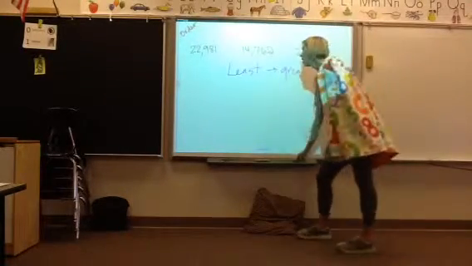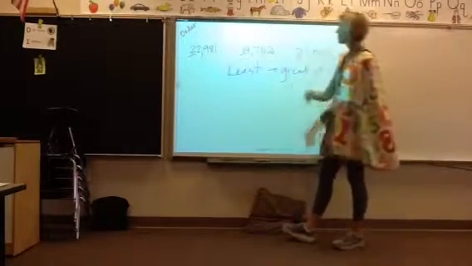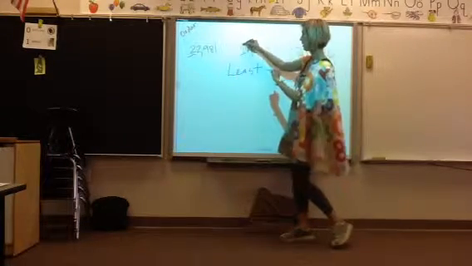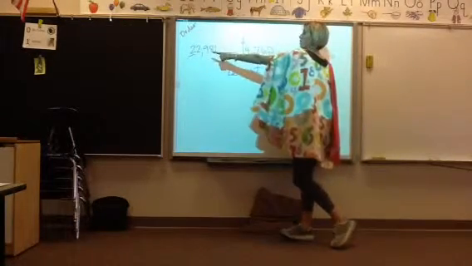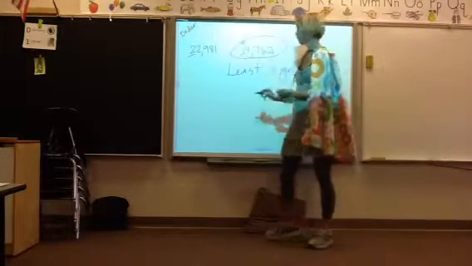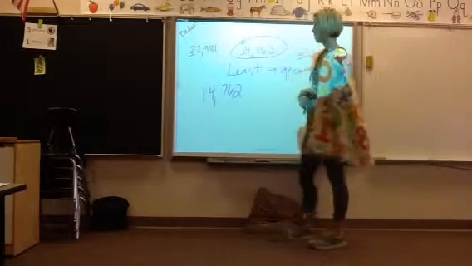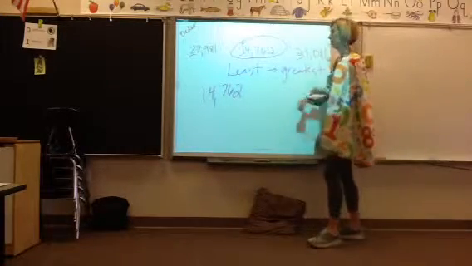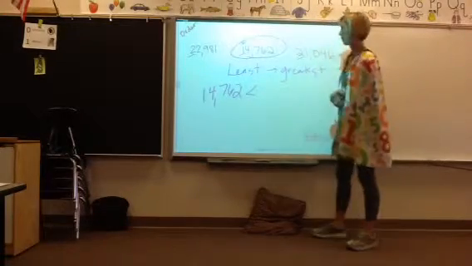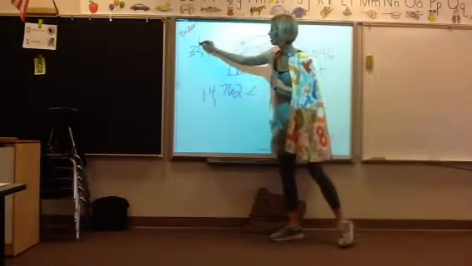Alright, the least number. Well, they all have the same amount of digits. So I'm going to look at that first place value, which is the 10,000s. And one of them is different right here. So this one compared to those 2 2s is smaller, which means I already found my least, 14,762. Then, next, this one is out. They both had 2s, so now I'm going to go to the next number.